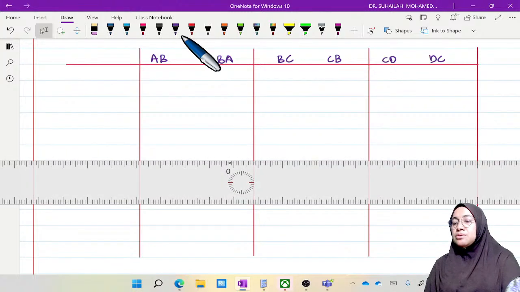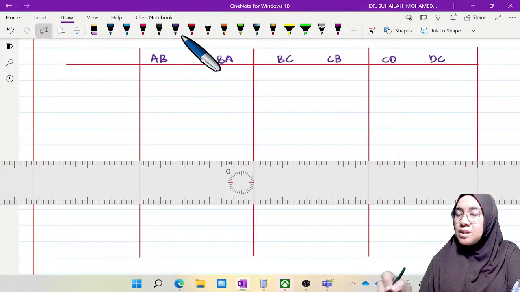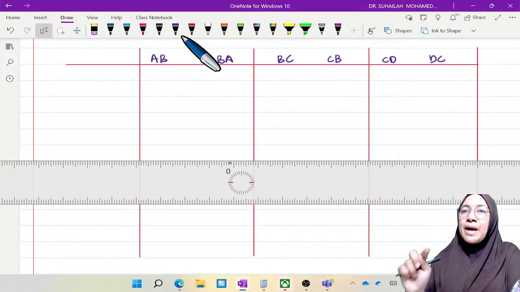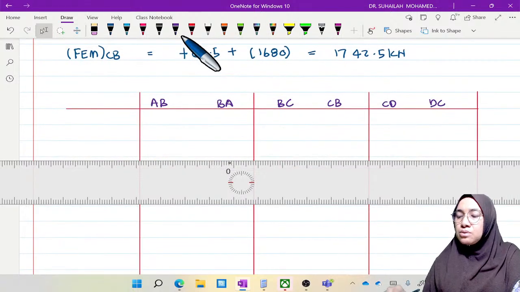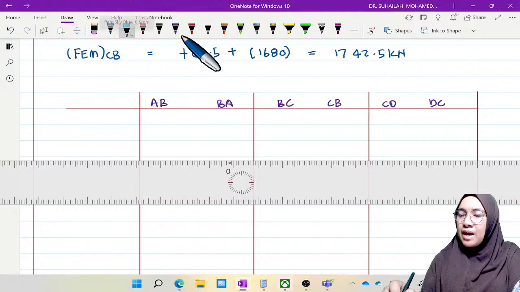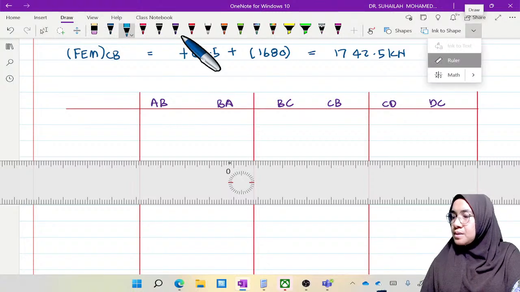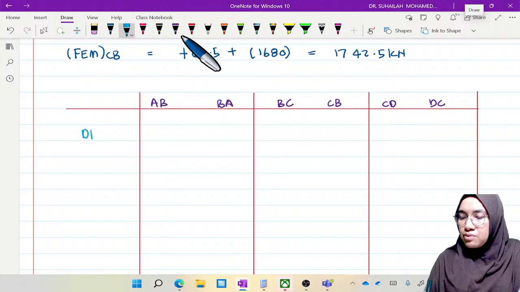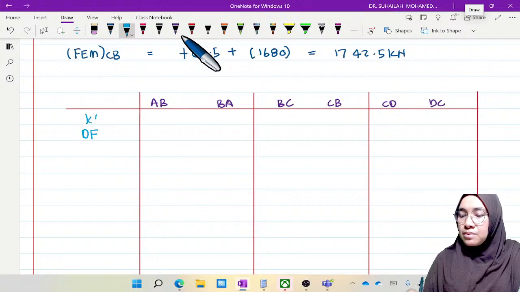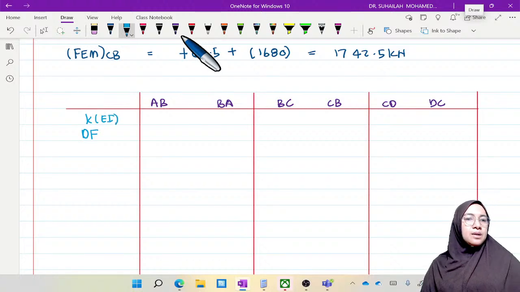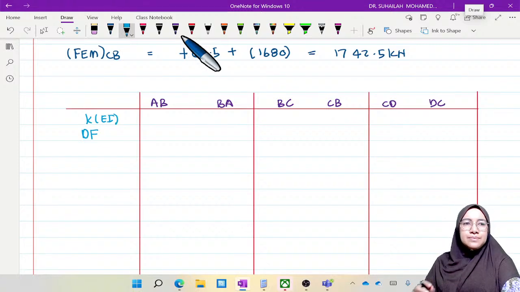So what we want is the distribution factor, and the first moment in the table is the moment we have calculated. The distribution factor we calculate from the stiffness factor, so now I want to put K in this table.